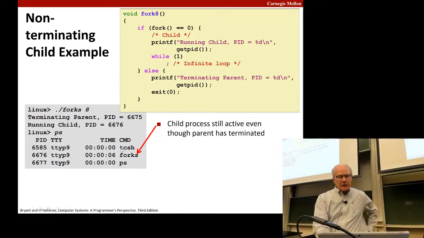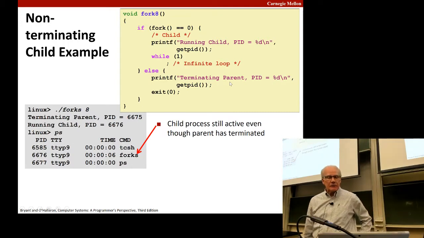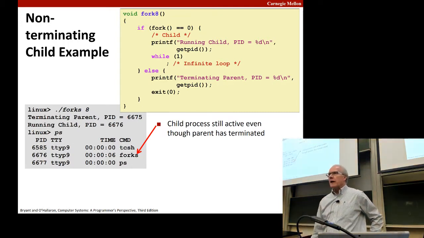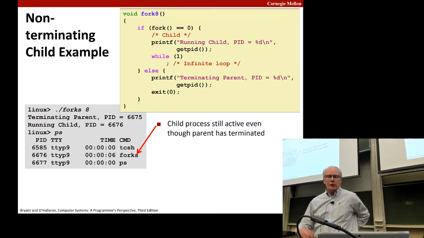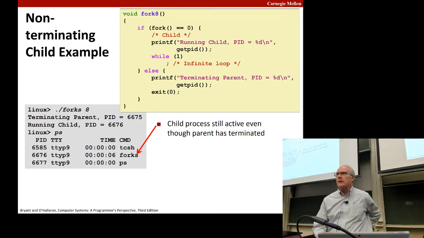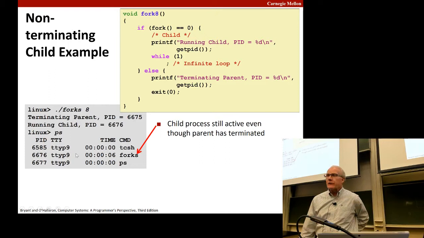But if I do a PS, I'll see that there's still a forks process, with process ID 6676, which is the child. So the point is that this child is going to keep running, and it's not a zombie, it's an active program just spinning in a loop, doing nothing useful, but it's still executing. And that will run potentially forever, unless somebody kills it.